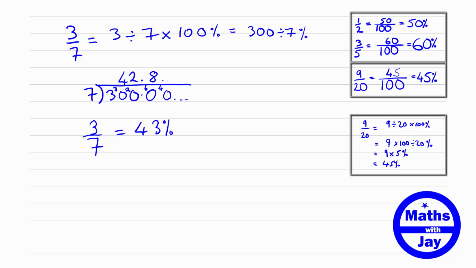That's probably enough for our purposes. But if you wanted to, you could continue and find out what 3/7 is exactly. You could either write it as a fraction or show the recurring decimal. We could continue the calculation, couldn't we? So 3/7 is 43%, to the nearest whole number.